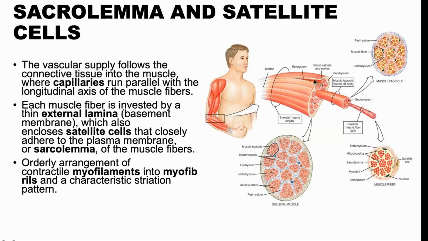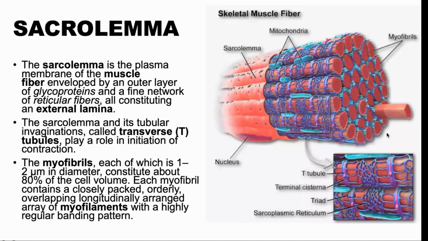They're going to be between sometimes the fascicles. Each muscle fiber is invested by a thin external lamina, but the important point is that they're enclosed by satellite cells that are closely adhering to the sarcolemma. So the satellite cell just attaches on to the sarcolemma, or the membrane of the cell. And you already know the contractile units, myofilaments, actin, and myosin.